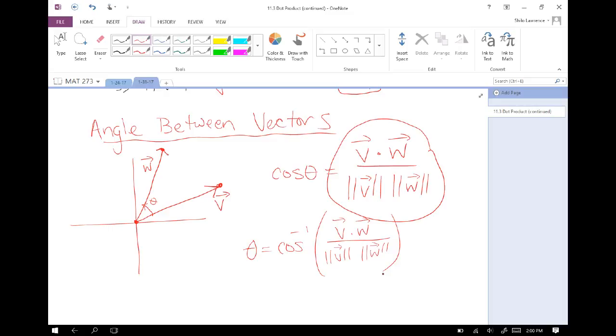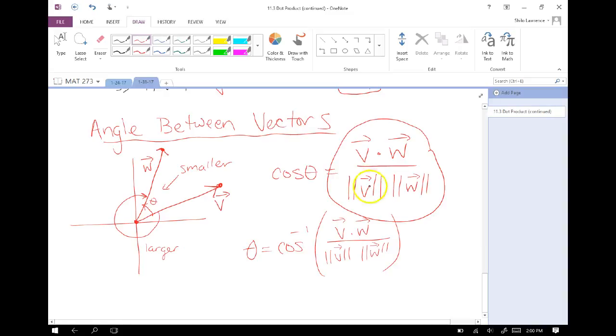And the reason for that, if you look, you could think of these vectors as actually making 2 angles. There's always a smaller angle, and if we go around the other direction, there is a much larger angle. But this formula, the cosine theta formula, is always going to give the smaller one.